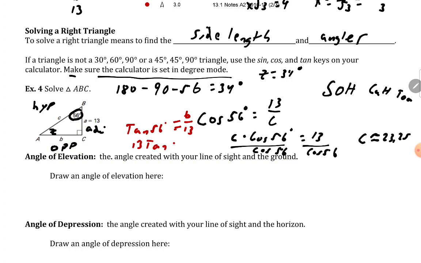So I have 13 times the tangent of 56 degrees equals B. So B is approximately 19.27 units, whatever the units may be.